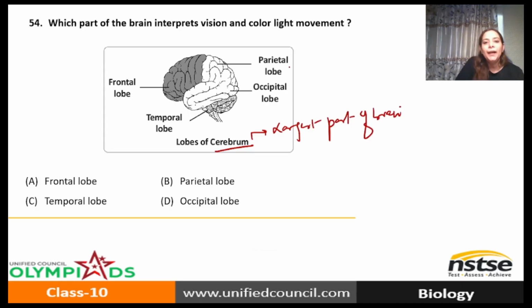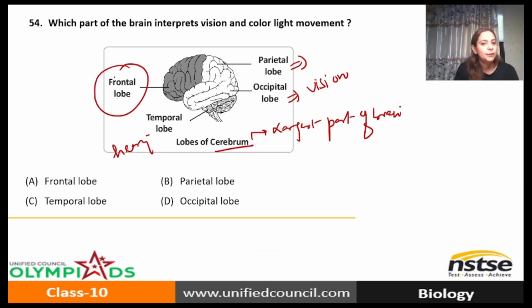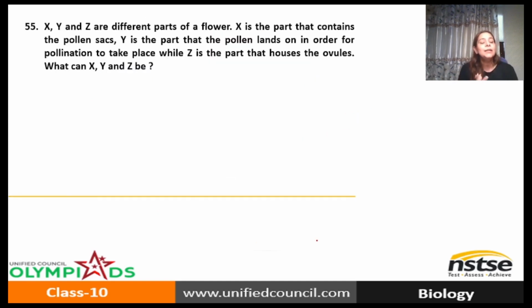The parietal lobe helps in interpreting touch, taste, temperature. Occipital helps in vision, temporal helps in hearing, and frontal helps in controlling the facial muscular activities. So which of them interprets vision and color? Undoubtedly it is occipital. So which one is correct? Option D.